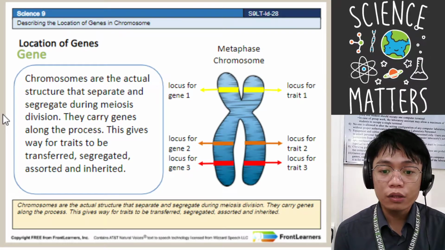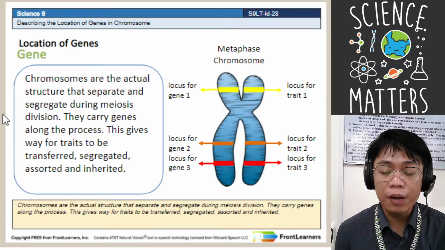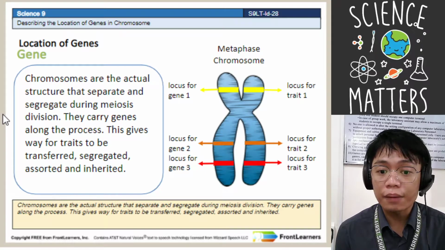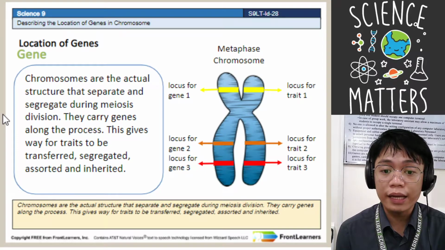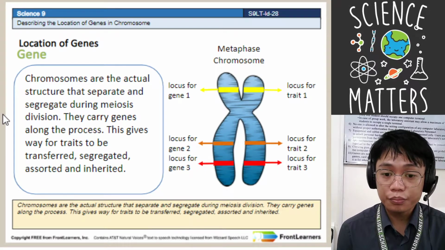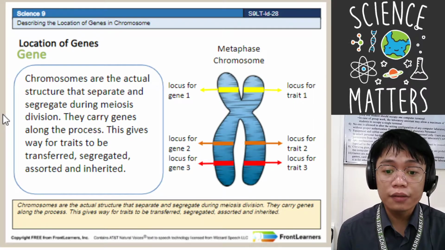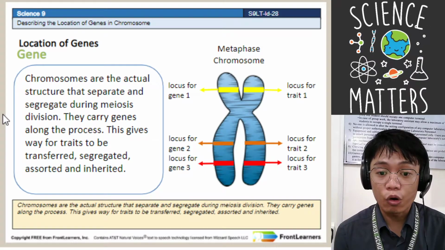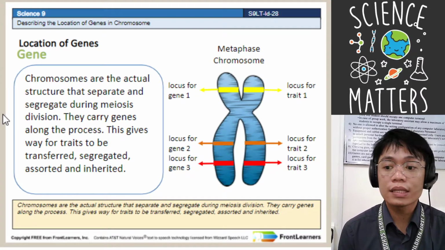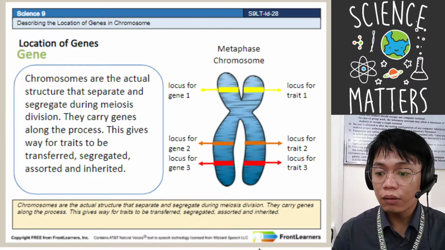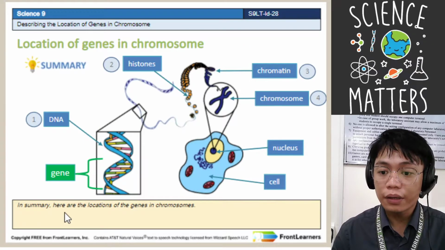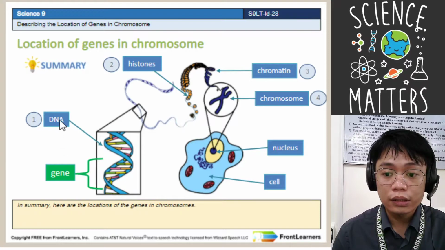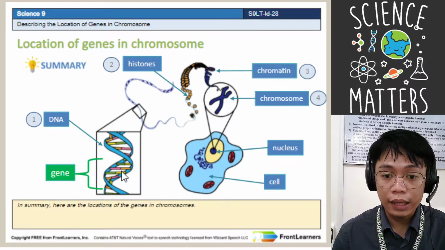So, halimbawa nito is kapag nag-mate yung mama at papa mo at yung mga genes na meron sa kanila is pinagsama, maaaring ang magiging offspring nila is the combination of the physical characteristics of the female and male, or yung papa at mama mo, na sa'yo is nakikita. Okay?